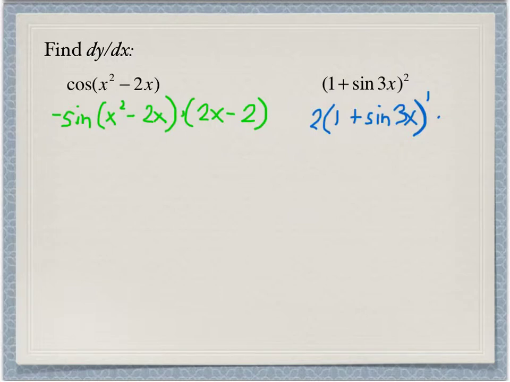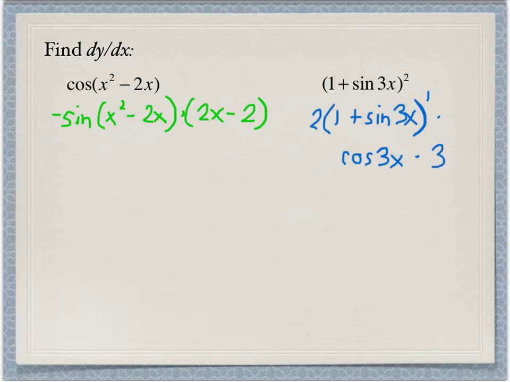The derivative of 1 is just 0. The derivative of the sine of 3x, well, here we're going to have a chain rule within a chain rule. So I'm going to say the cosine of 3x, and then don't forget that I have this 3x in here, so I have to multiply by the derivative of that, which is 3.